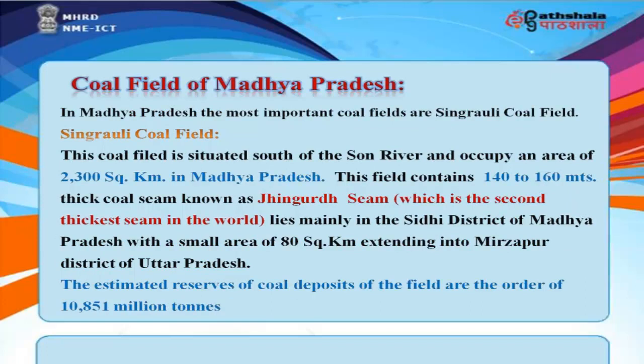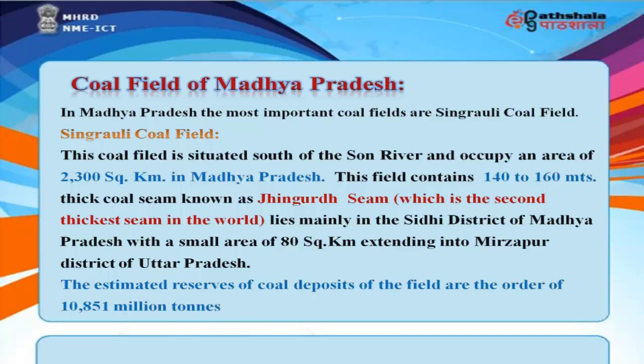Coal field of Madhya Pradesh. In Madhya Pradesh, the most important coal field is Singrauli coal field. This coal field is situated south of the Son River and occupies an area of 2,300 square kilometers in Madhya Pradesh.